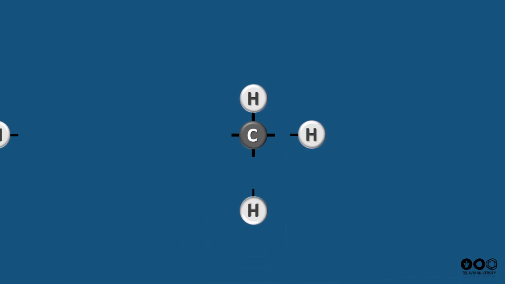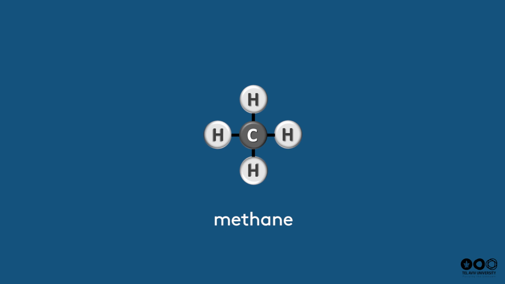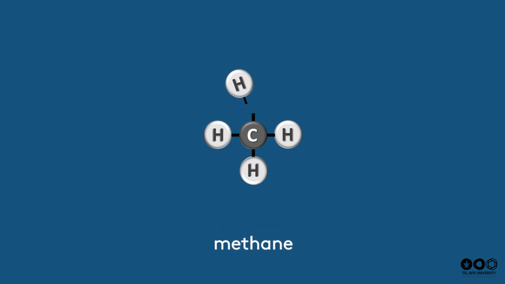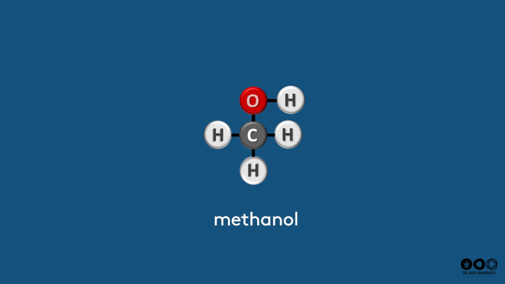Hydrogen bonds can be formed between any polar molecules, in addition to water itself. Let's go back and look at methane, CH4. If one of the valences of carbon is replaced with an oxygen atom bound to hydrogen, we get a new molecule called methanol, a simple alcohol.